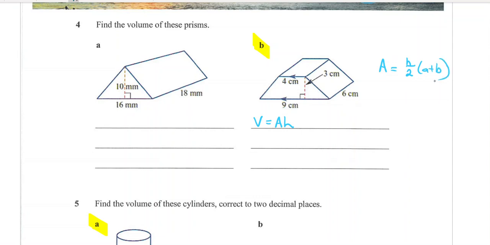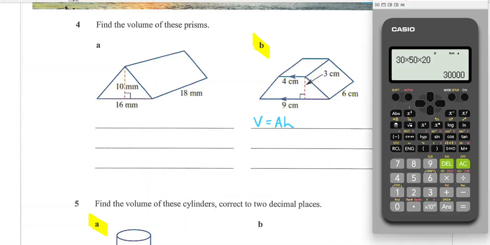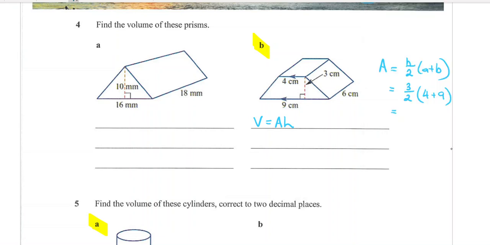There's my trapezium formula. The height is the 3. The A and the B are the two parallel sides, which is the 4 and the 9. So that's 3 over 2 times bracket 4 plus 9 is 19.5.